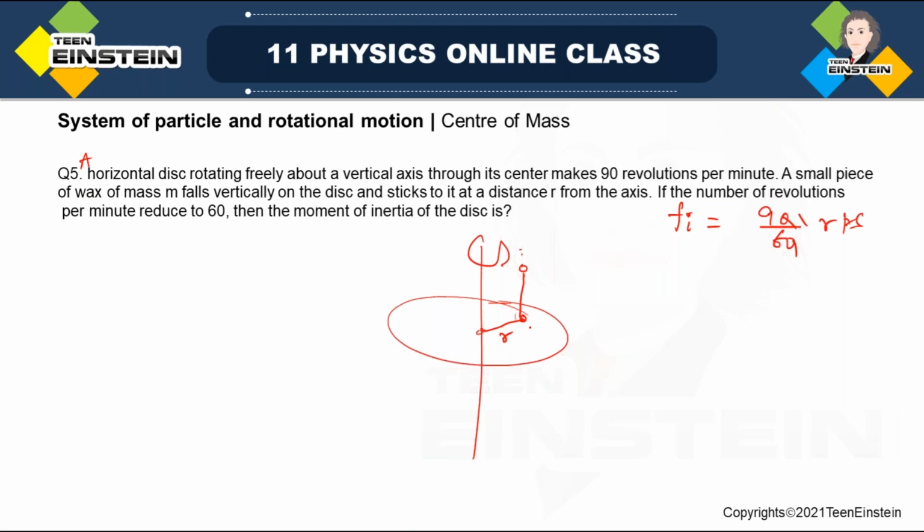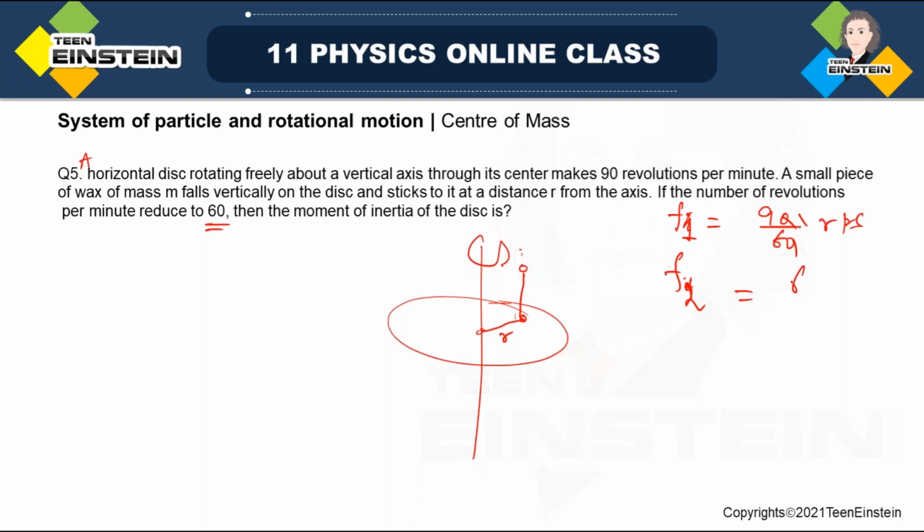It has stuck to the disk. Now the number of revolutions per minute reduces because of this wax stuck to the rotating disk, so the frequency changes. Suppose these are F1 and F2.